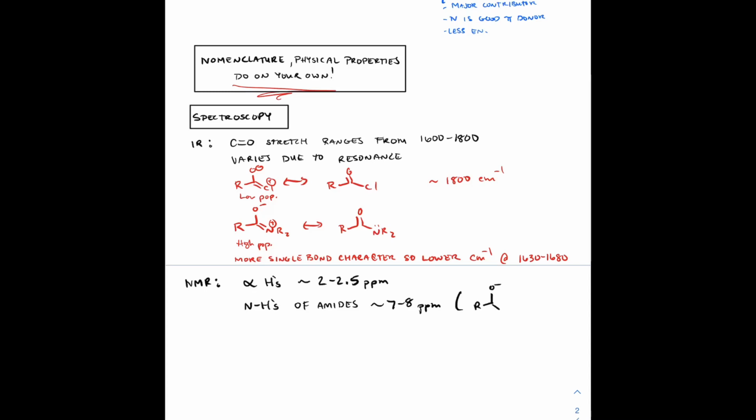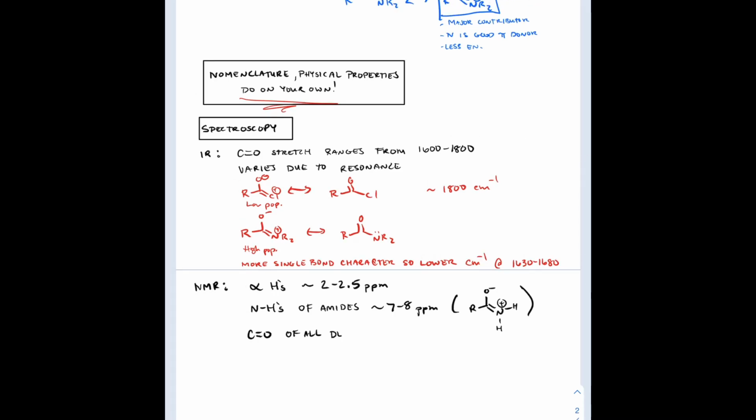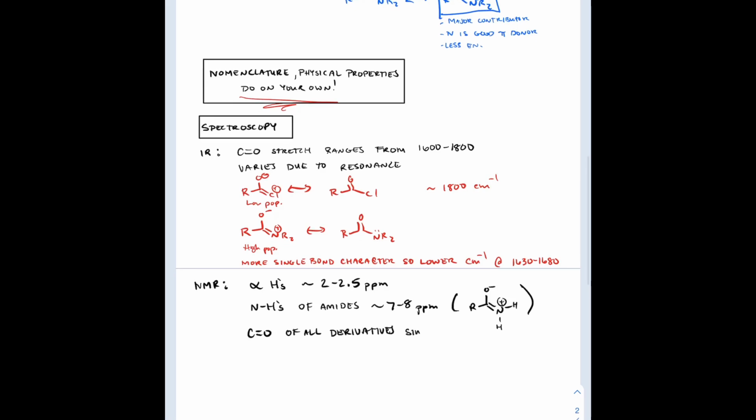Okay, so NMR, the alpha hydrogens, just like before, were 2 to 2.5 ppm. The NHs of amides were 7 to 8, and you can kind of think of this as because there is a major contributing resonance structure that has the N double bond C, so it's shifted much more downfield.